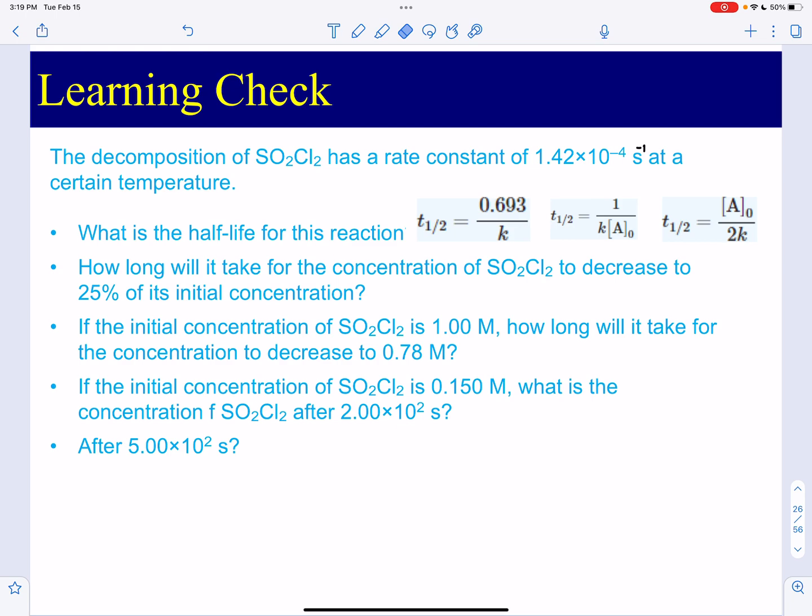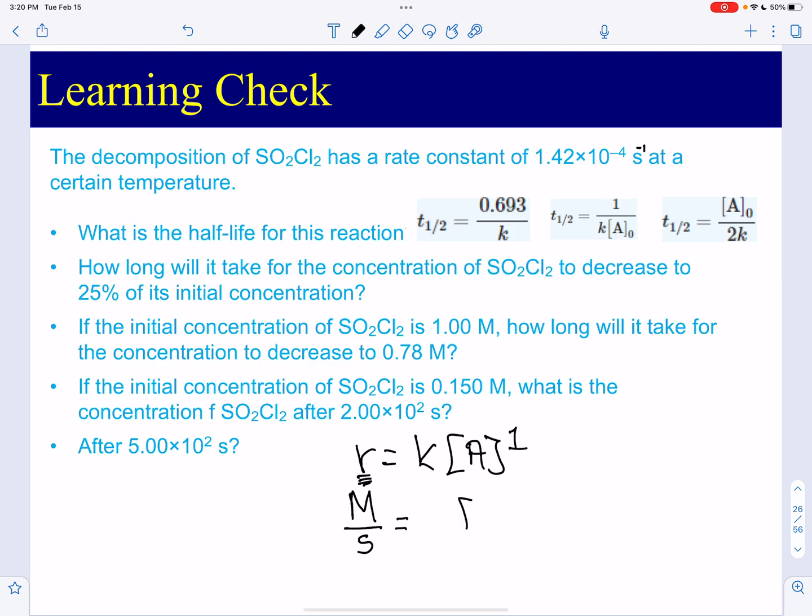We know that the rate law for a first order reaction is that. We know that rate, from way at the beginning of the chapter, is nothing more than the change in concentration divided by the change in time. So molarity per second.